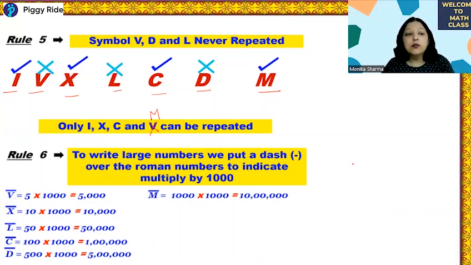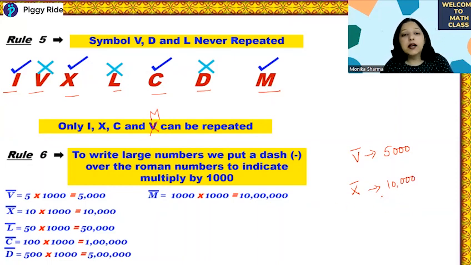If you want to write 5,000, it will be V with a dash above it. If you want to write 10,000, write a bar or dash on X, and that will give you 10,000. In this way, you can write numbers of any value with the help of these dashes. The dash means multiplication by 1,000.